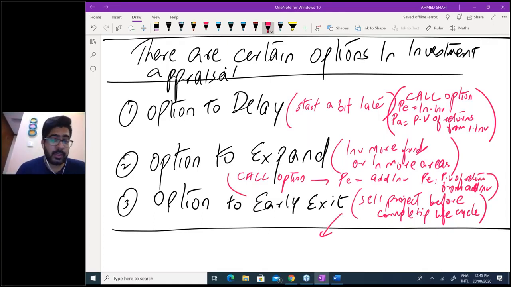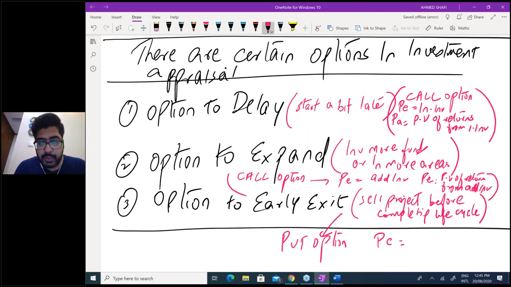And option to early exit. Here you are not investing. Early exit means someone is giving you money to exit early. Since someone is giving you money, you are selling the project before the expiry date. So selling means this is a put option.